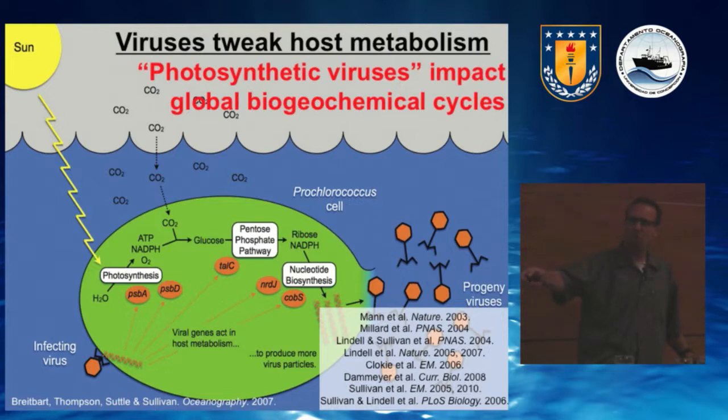Part of its genome is that core photosynthesis reaction protein. So the virus has shut down that cell's ability to do anything, and it's boosted the cell's photosynthetic machinery, not really to make that cell continue photosynthesizing for the cell's sake. The virus is doing this just so that the virus is able to make a lot more progeny.